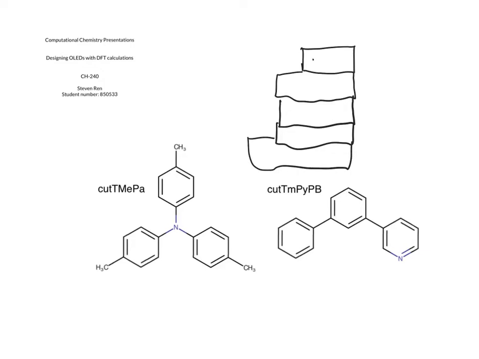What we've got is a positively charged electrode at the top and the negatively charged electrode on the substrate at the bottom, and we've got the ETL, EML, and HTL.